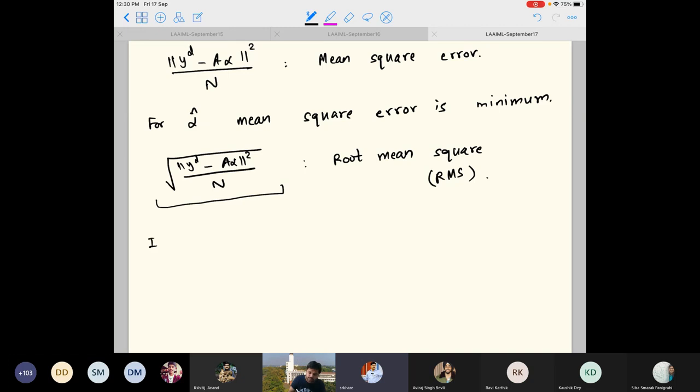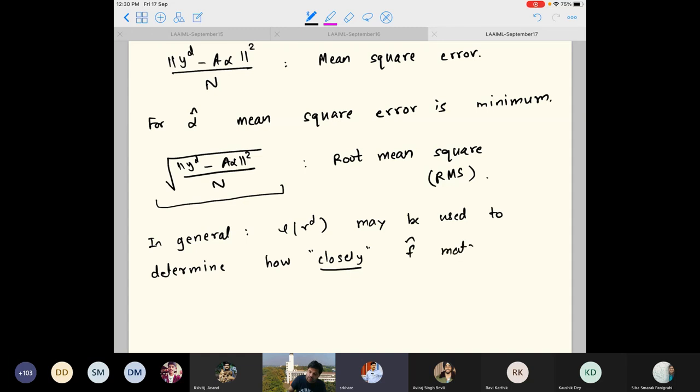In general, some function phi of rd may be used to determine how closely the model f hat matches the data xi, yi, i equal to 1 up to N. Something similar to what we had: you can look at the one norm, the infinity norm, and various other things. So phi of rd is any arbitrary function.